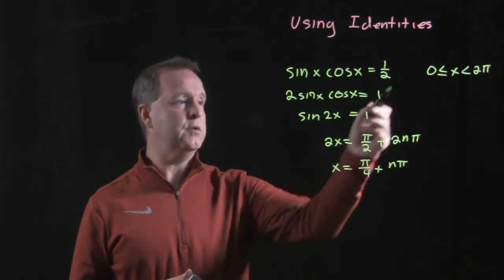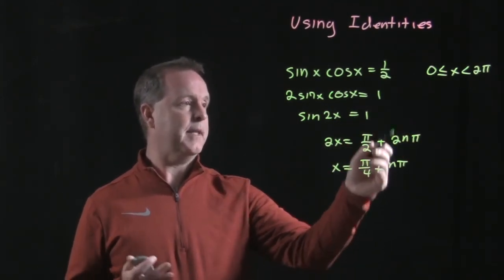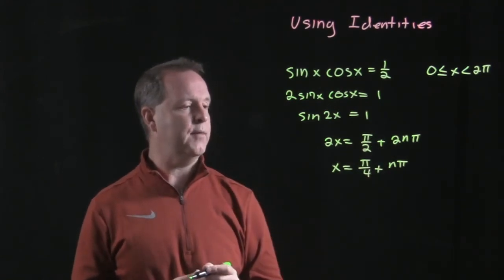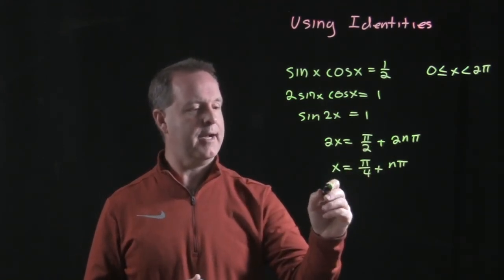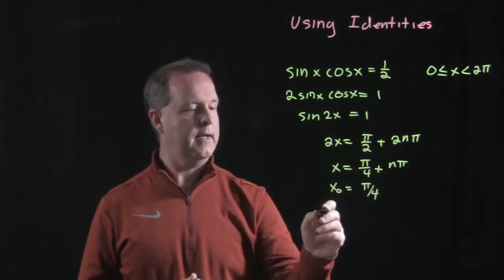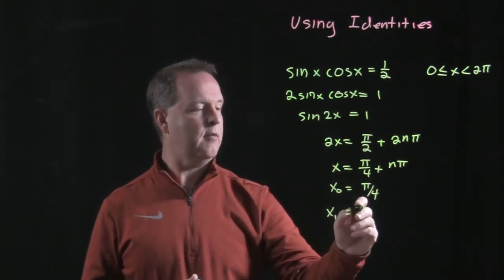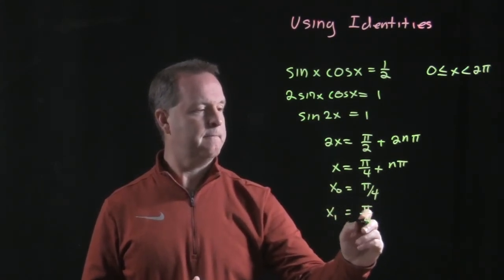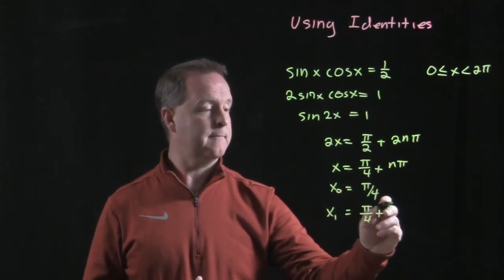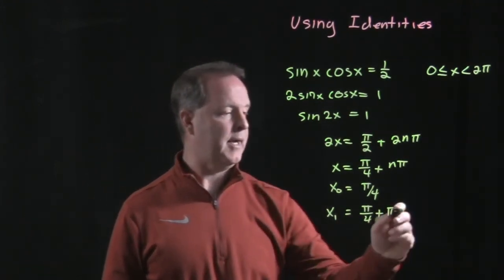I want to find all the solutions between 0 and 2 pi. So pi fourths is one solution, with n equal to 0. And then if I use 1 as my value of n, that would be pi fourths plus pi, which is 5 fourths pi.